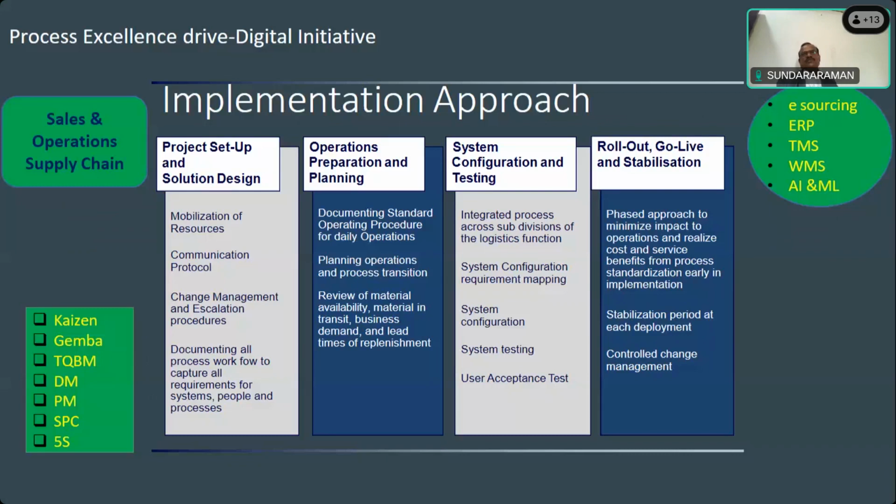We can benchmark the best practices at the domestic level as well as the global benchmark with the system. Just for example, I mentioned TMS or WMS, AI/ML. You have other tools like procure to pay, asset management. You will have so many tools and techniques, people management, the performance improvement system.